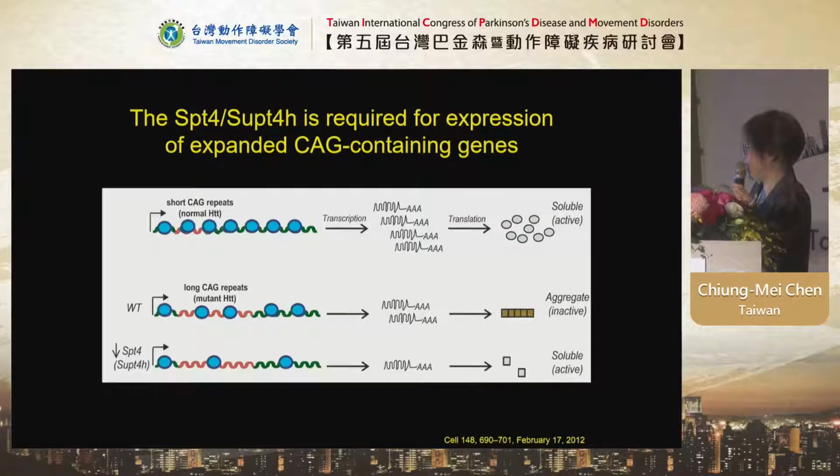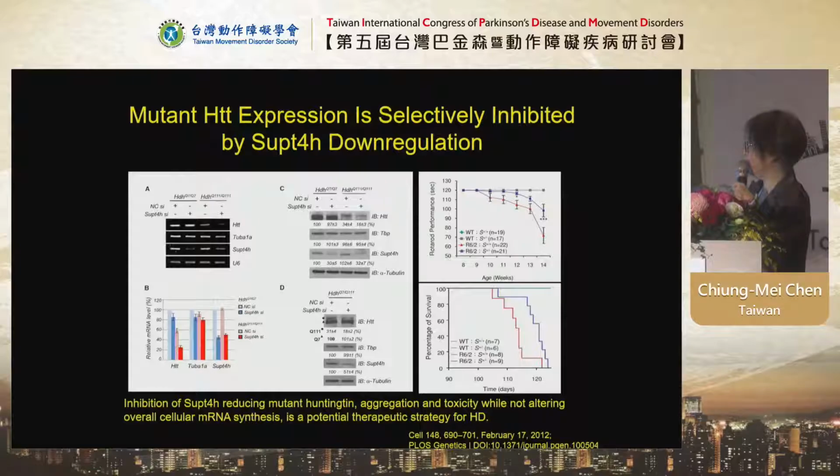So if we can delete or knock down this SUPT4H gene, maybe it has potential for the treatment of Huntington disease. Professor Zheng from Yang Ming University has shown knockdown of SUPT4H decreased mutant huntingtin level, but not wild-type huntingtin level.